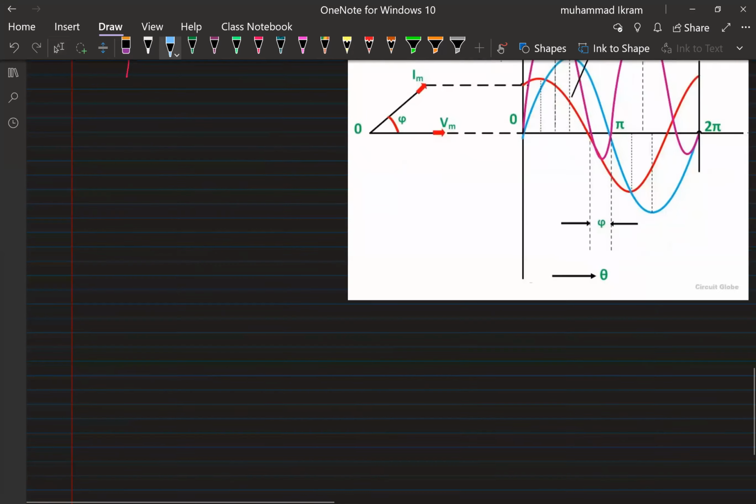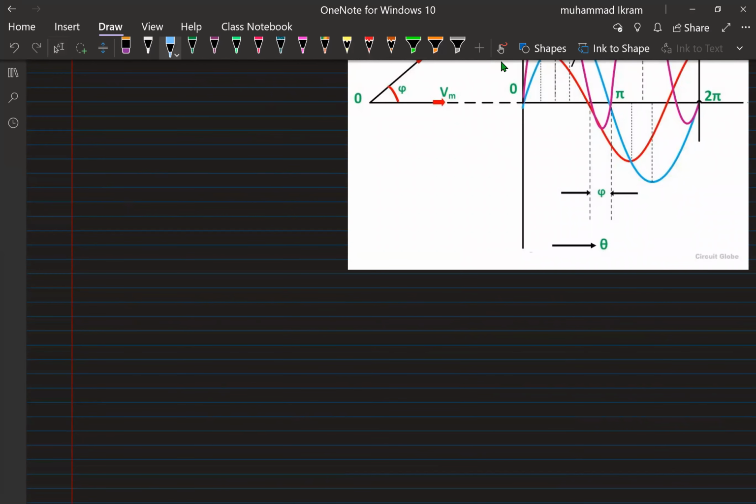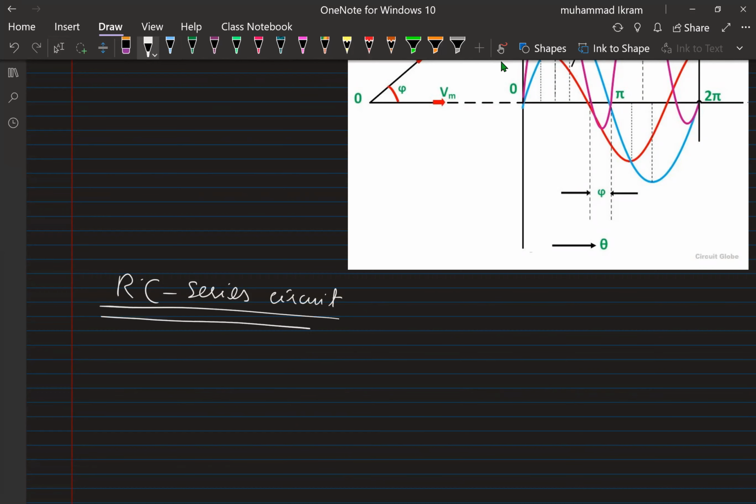Now the next one is the RC series circuit. What is the RC series circuit? It is a circuit in which a capacitor and a resistor are both connected in series with the AC source, as I demonstrate here.